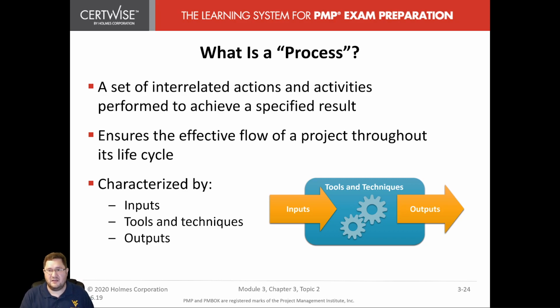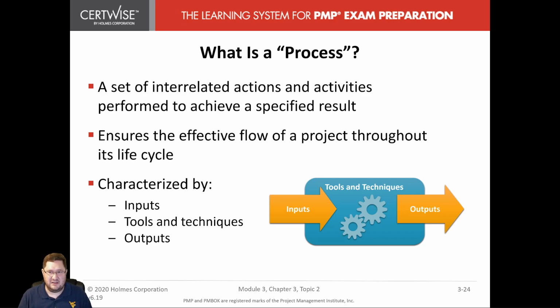You need certain things, you do something with those things, and you get the output or the result that you need. Could be the input is somebody needs a report. The tools and techniques are you're gathering, so that could be the overall process. The inputs are all the data.